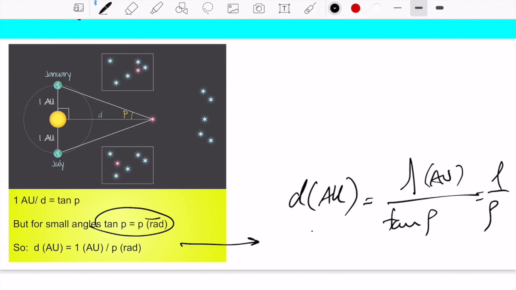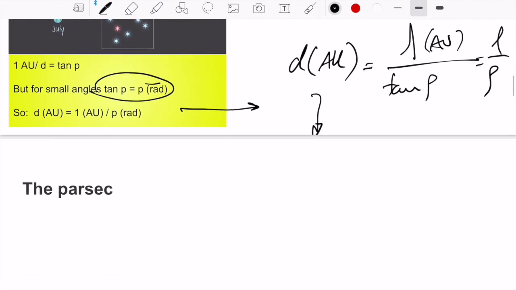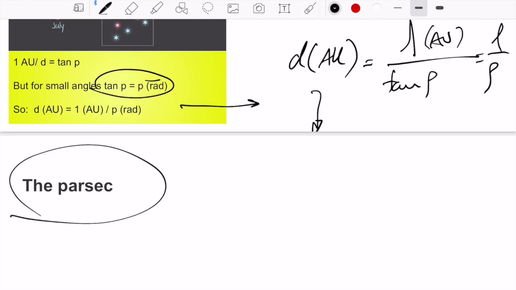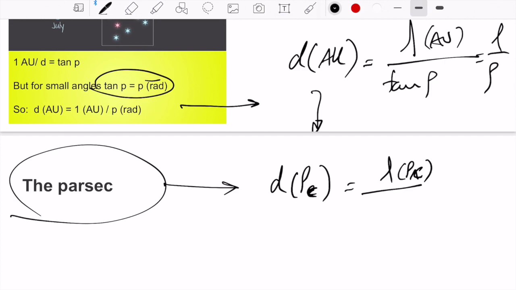Now, the astronomical unit is a very small distance when we are looking at stars, so we need to look at another unit. Therefore, we're going to define the distance in parsecs. A parsec is a bigger unit of distance, and it is the distance for a parallax measured in an angle that is not measured in degrees, but in arc seconds.